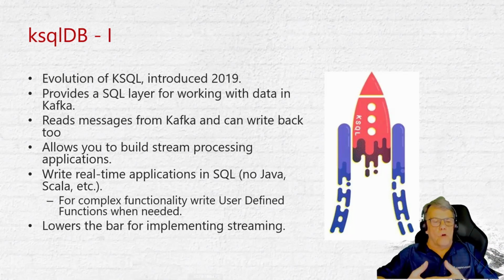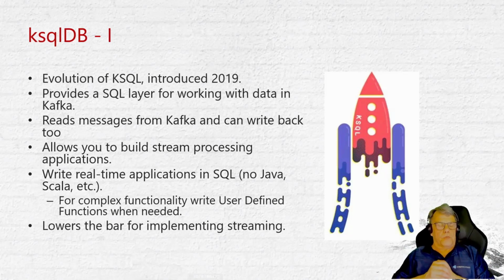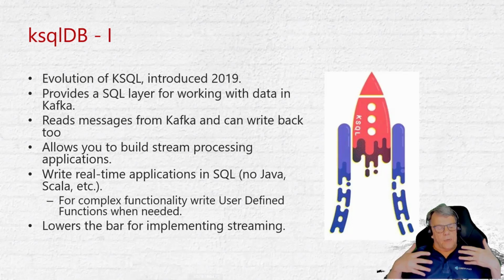And this now allows you to build stream processing applications. So here we can write real-time applications using SQL, no Java, no Scala. If you want to do something fancy, you still have the ability to write Java and Scala code and implement that as a user-defined function. And this definitely lowers the bar for implementing streaming.